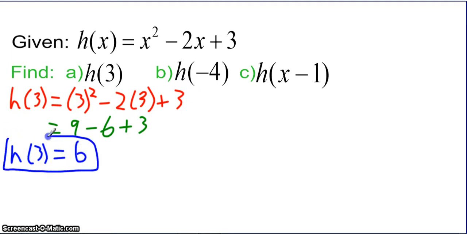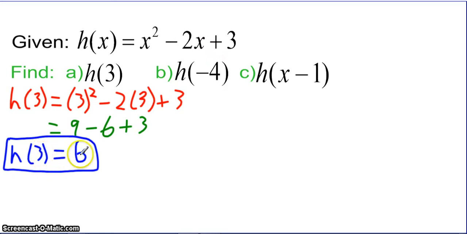We also want to understand, what does that actually mean? A lot of what we're going to do throughout this year is try to get a better understanding of, okay, great, I can solve this problem, I can get my answer, but I'm not done. I want to actually have an understanding of what that tells me. So what does that mean? Well, it means that on this function, h of x equals x squared minus 2x plus 3, this is a point on that function.